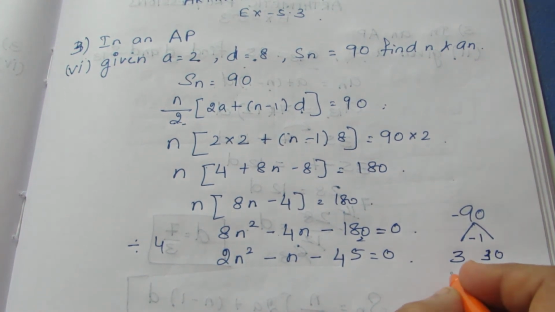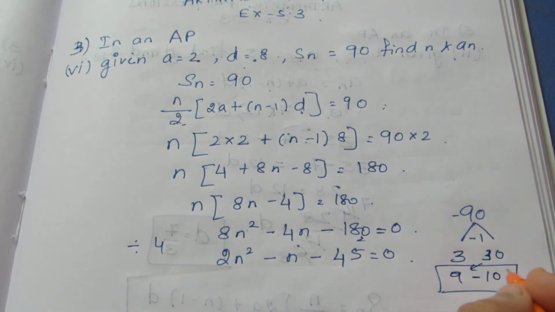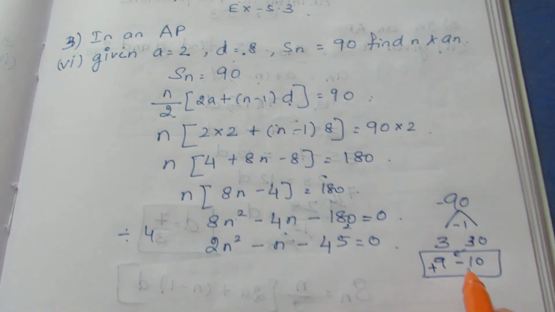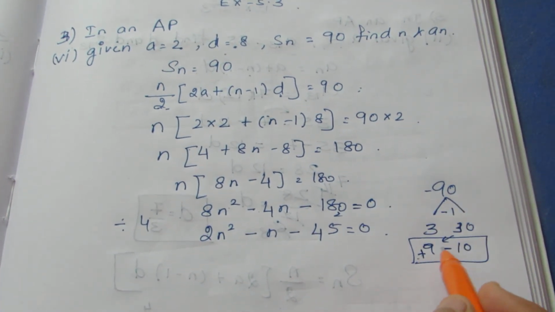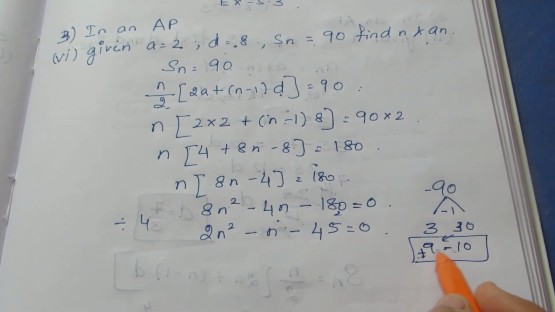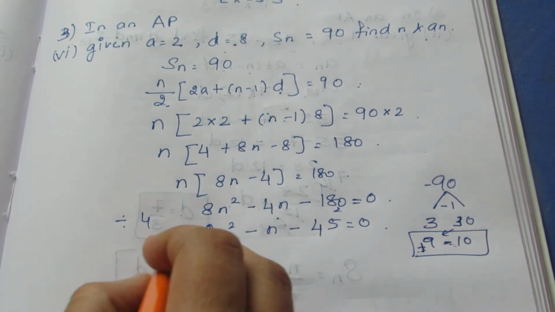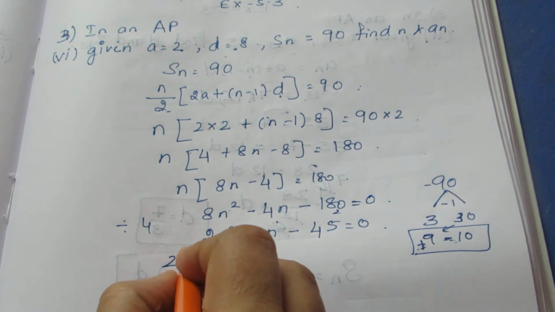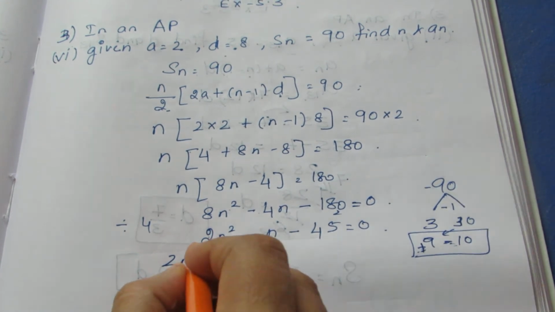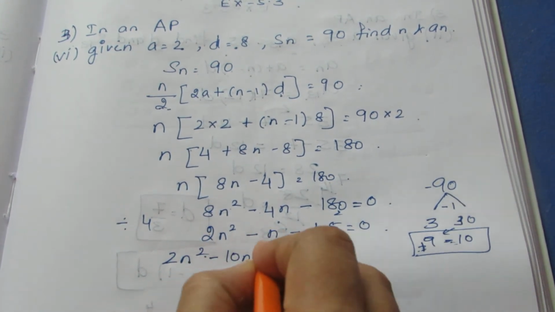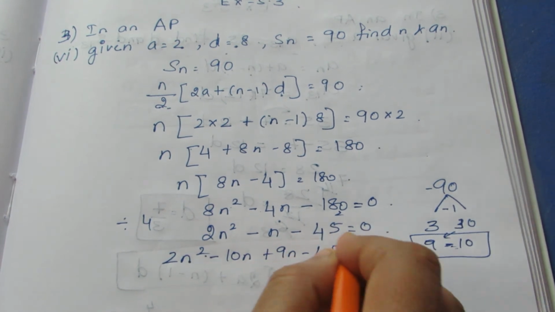Now again 9 10s are 90. So 9 10s are minus sign plus. If you multiply, minus into plus will become minus 90, and since the signs are different, we need to subtract. If I subtract, I get minus 1. Just write the number inside. It becomes 2n square minus 10n plus 9n minus 45 equal to 0.